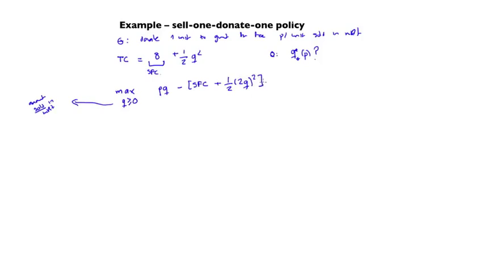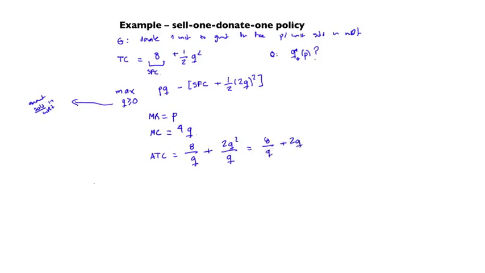Now, under this problem, the marginal revenue is equal to P. The marginal cost, if you do the algebra, is equal to 4Q. And the average total cost is going to be given by 8 divided by Q plus 2Q squared divided by Q, which of course is equal to 8 divided by Q plus 2Q.